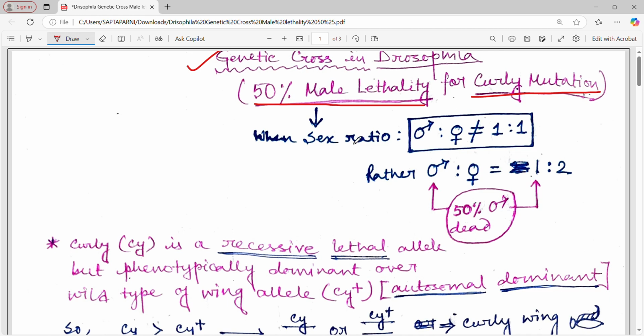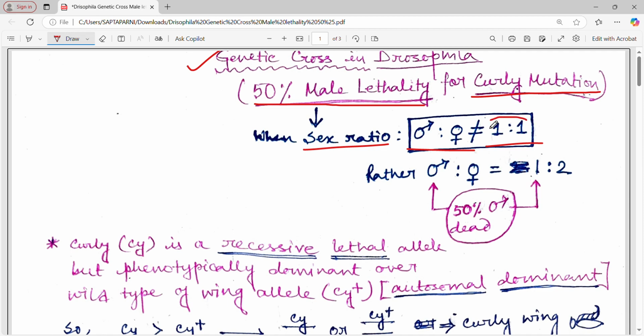So in case of 50% male lethality, what should we check? How will we understand that 50% male lethality is occurring? Till my previous 3 videos, we have seen that the sex ratio, that is male to female ratio, was 1:1. But whenever there is lethality, 50% male lethality or 100% male lethality or female lethality, the ratio will not remain the same.